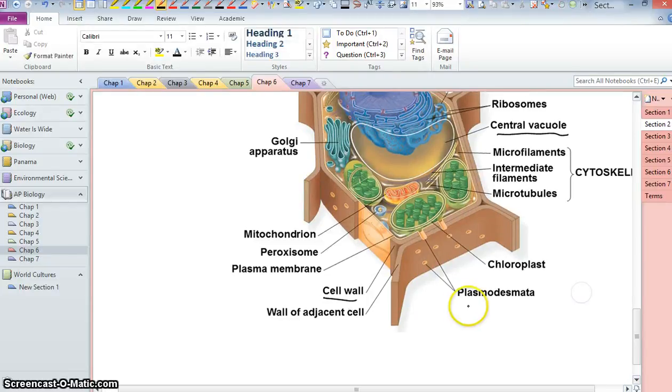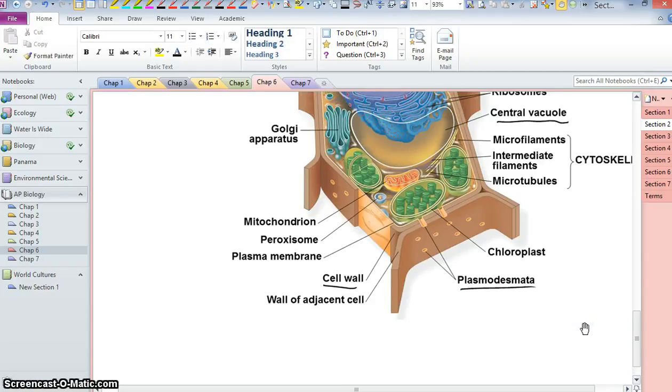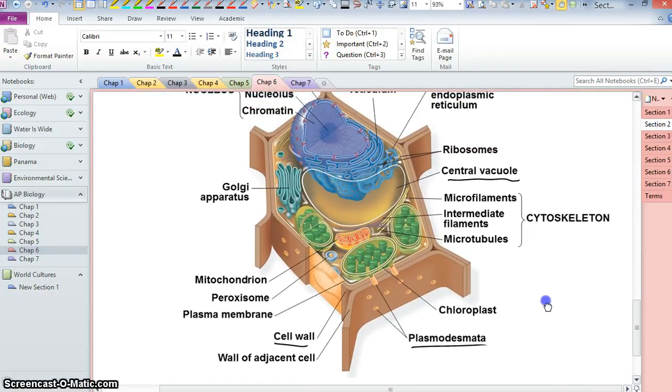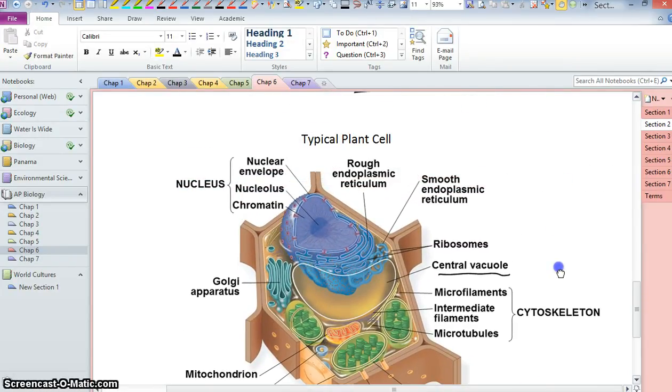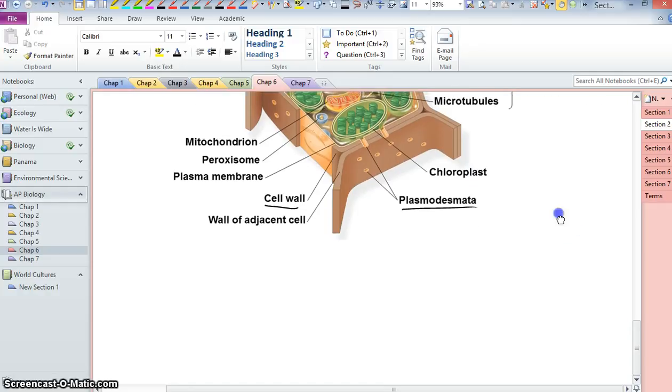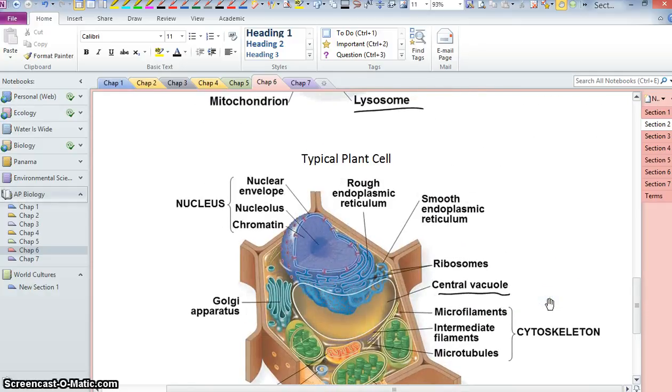Plasmodesmata are cytoplasmic connections between adjacent cells. Animal cells sometimes have connections between cells, but they're not known as plasmodesmata, and they're somewhat different. So I guess that's some of the basic differences between plant and animal cells.